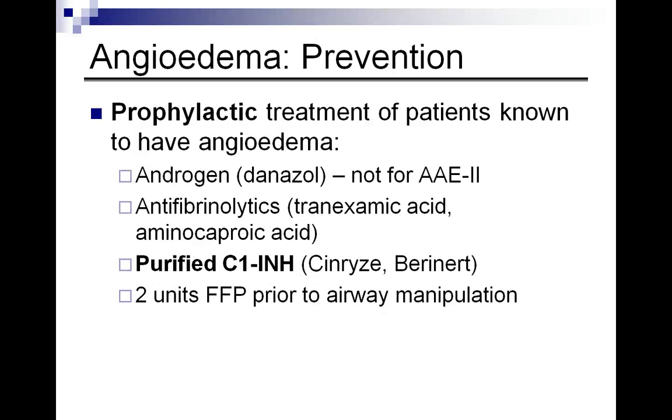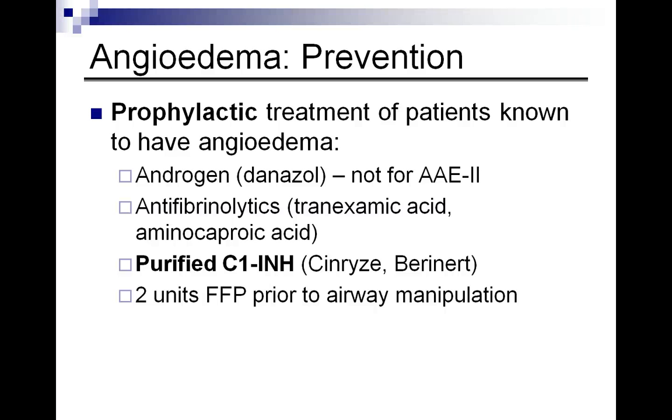Now, angioedema can be prevented with prophylactic treatment of patients who are known to have angioedema. So there are androgens, specifically danazol, which can be given to patients who have hereditary angioedema. And just as a specific pearl, this should not be given to patients who have angioedema type 2.